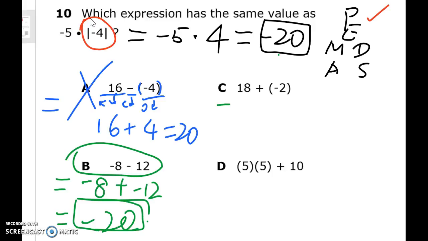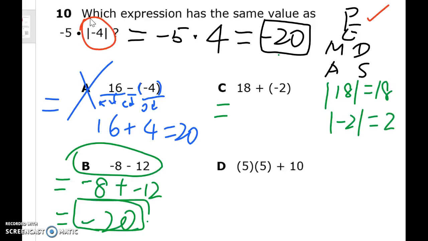So now this one, 18 plus -2, we have different signs. Different signs, we keep the bigger absolute value's sign. So absolute value of 18 is +18. Absolute value of -2 is +2.